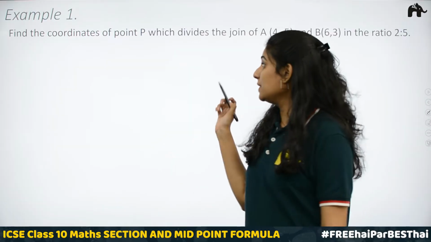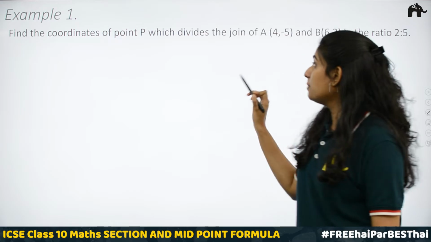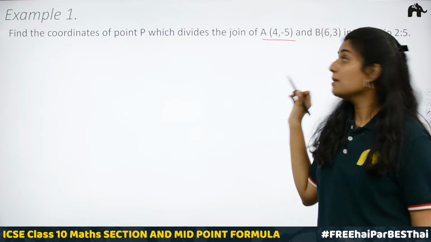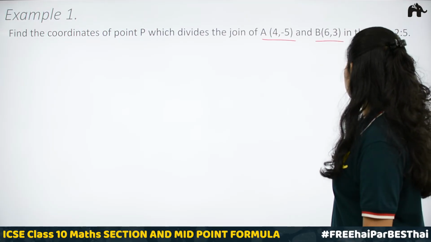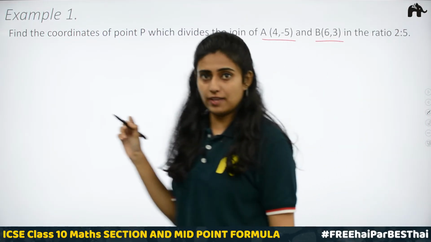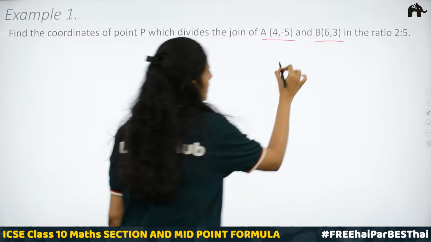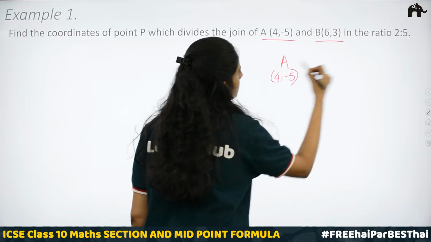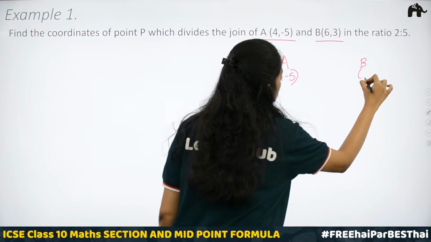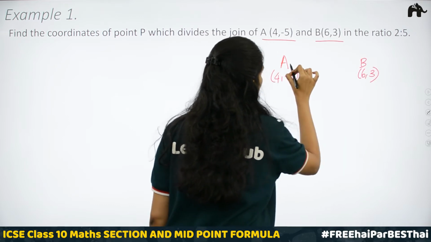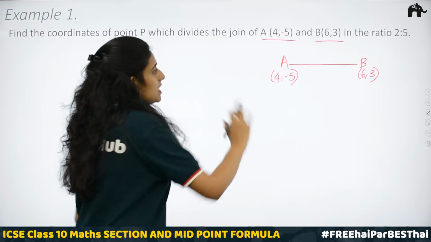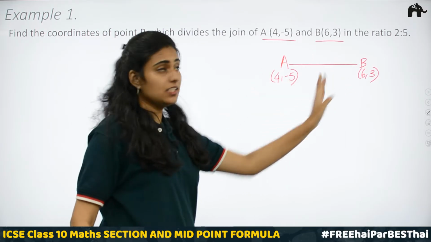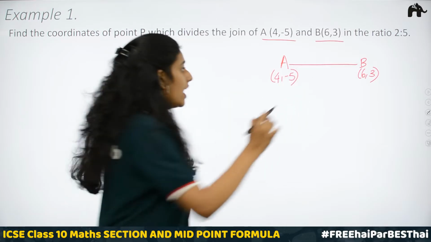Consider this example. Find the coordinates of point P which divides the join of A(4, -5) and B(6, 3) in the ratio 2:5. Here let us consider point A(4, -5) and point B(6, 3). So this line which joins A and B is divided in the ratio 2:5 at some point.